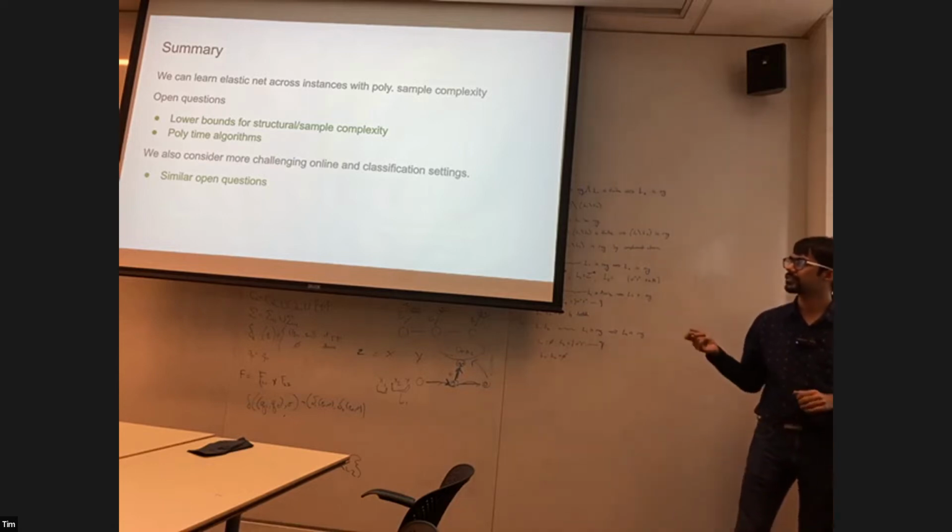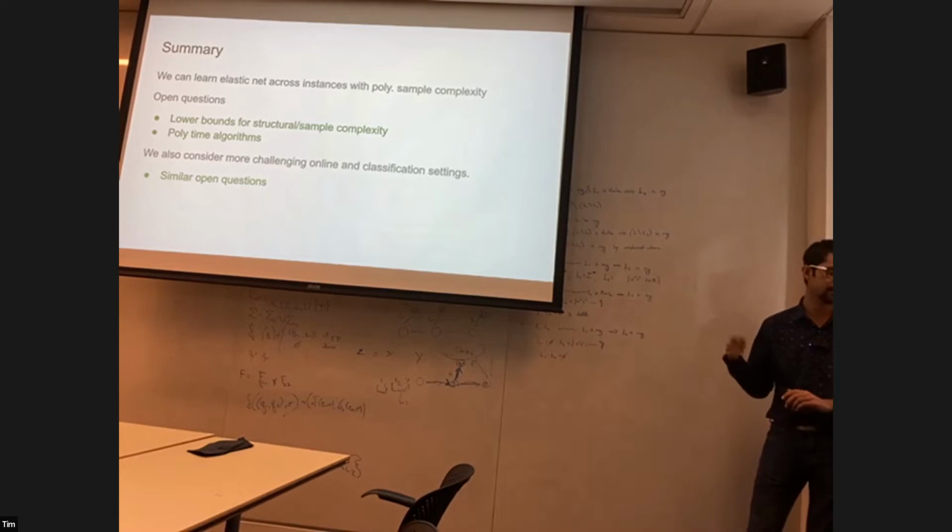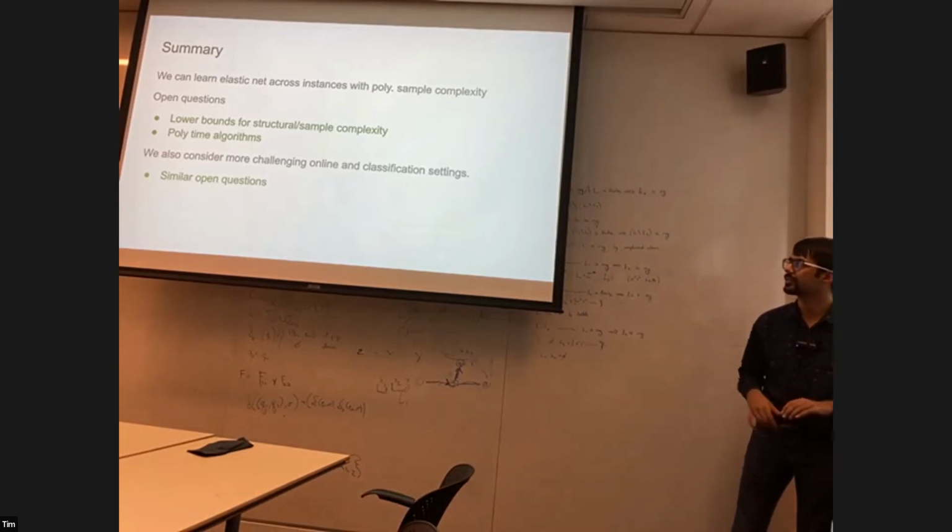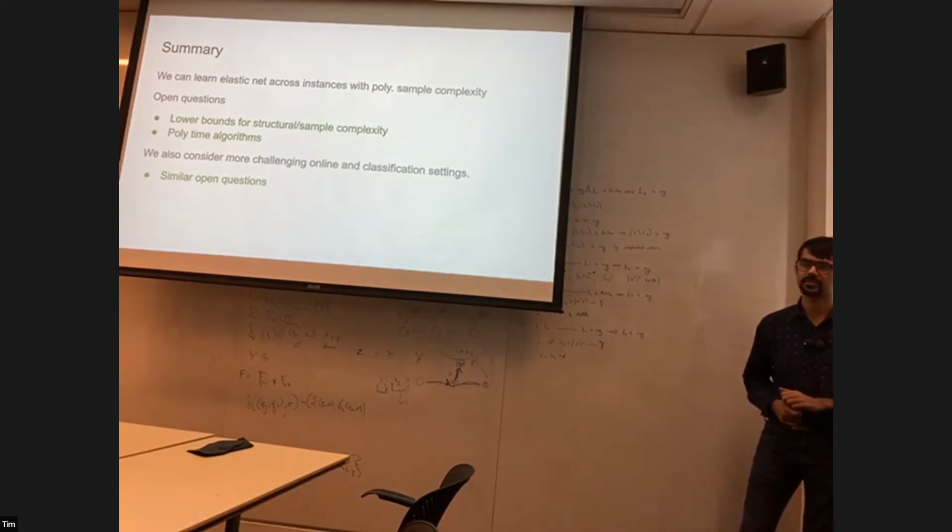The other very interesting question is, in order to make these things practical or implementable, you would want polynomial time algorithms, right? And for empirical risk minimization for elastic net over n problems, it's not clear how to do it in polynomial time. A simpler question might be even to do it in output polynomial time.